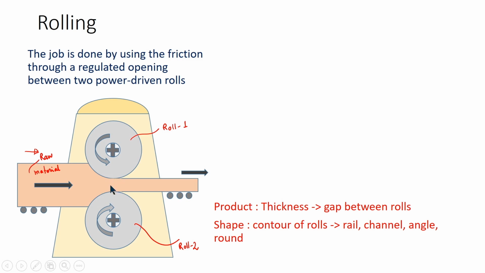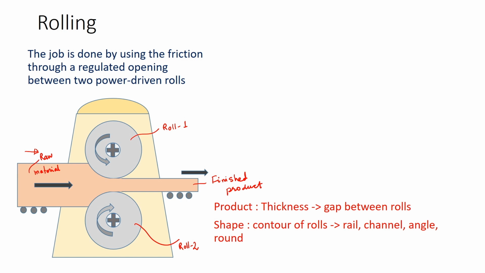The rolls draw the material inside and apply compressive forces. Those compressive forces generate friction, and then friction leads to plastic deformation, that is the reduction in the thickness of the raw material. So, at last we get the finished product with reduced thickness.